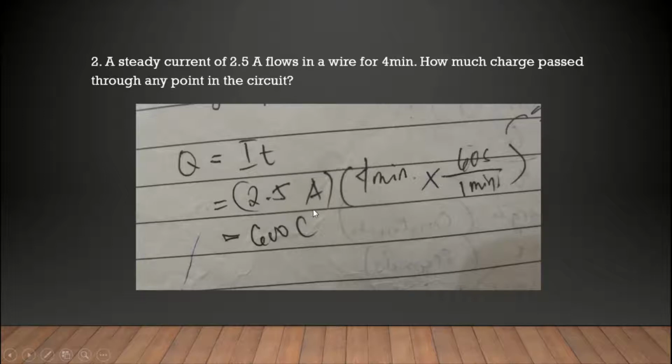So 2.5 amperes times the time, which is 4 minutes. We directly convert that into seconds, back to its base unit, so that the remaining unit for the charge is also back in coulombs. So the answer is 600 coulombs.